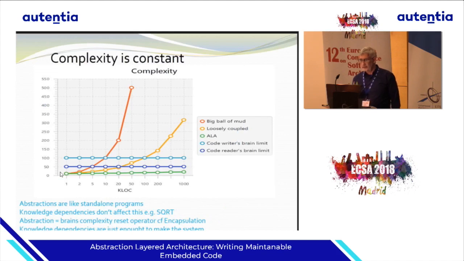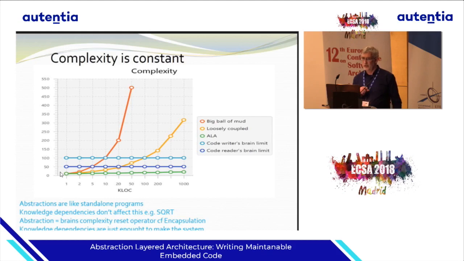So this is my last slide about the theoretical stuff. The complexity is a constant, and the reason is that all these abstractions that we had are like standalone programs. If you get your granularity right, and each of them is, say, 500 lines of code, then the complexity in any part of your program will be that of 500 lines of code, no matter how big your program gets.